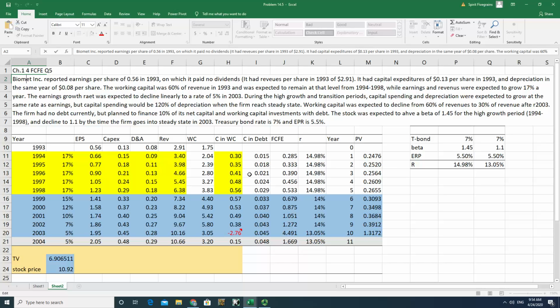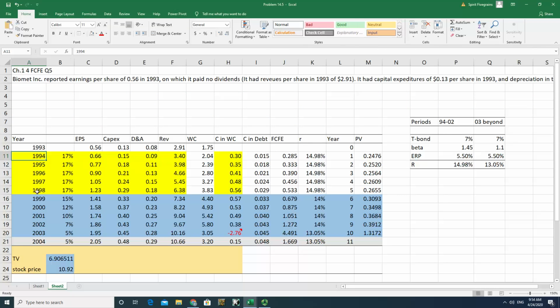First is the high growth time period from 1994 to 1998, a 5-year high growth period with a growth rate of 17%. Then you have a second stage, 1999 to year 2003, during which the growth rate will decline linearly from 17% to 5%. And the last stage is the terminal stage, where a company will have a low growth rate of 5%. You have 3 stages.